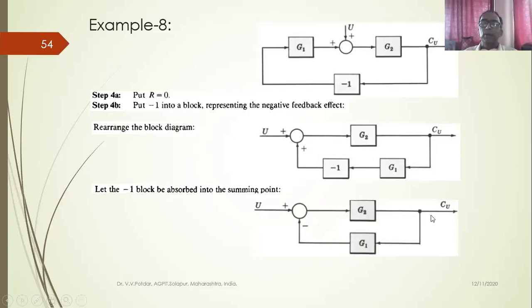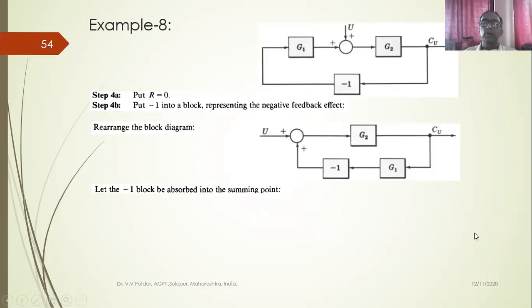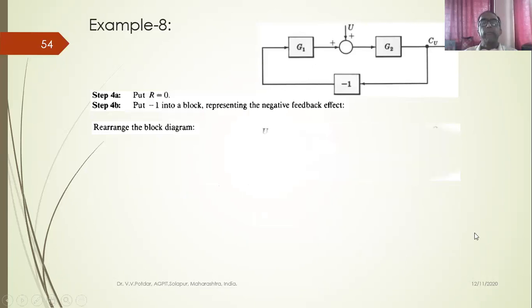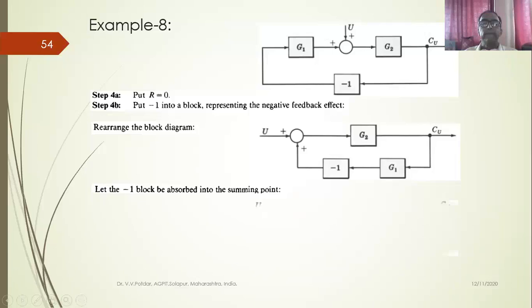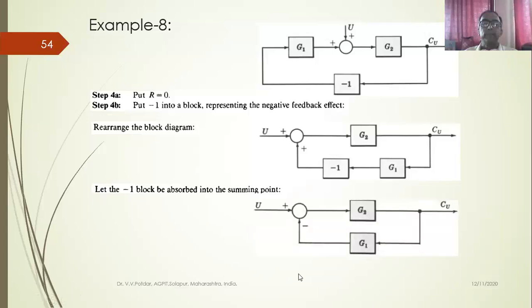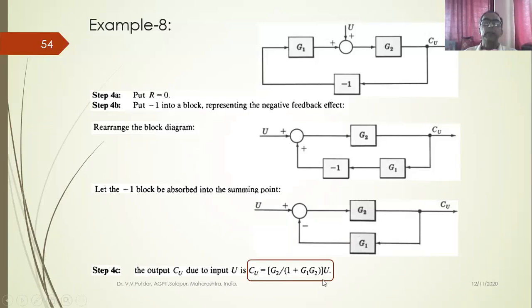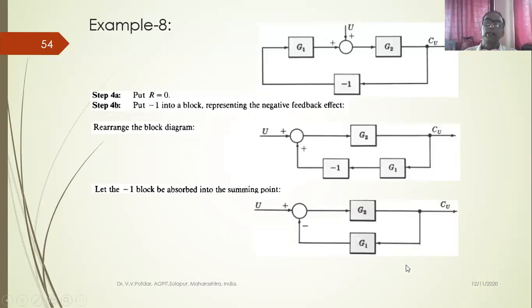Cu by U will be equal to G2 upon 1 plus G2 into G1, or G1 into G2 will be a single block. Or Cu will be equal to U into this transfer function. So Cu upon U will be equal to G2 upon 1 plus G1 G2. This is what I get for Cu.